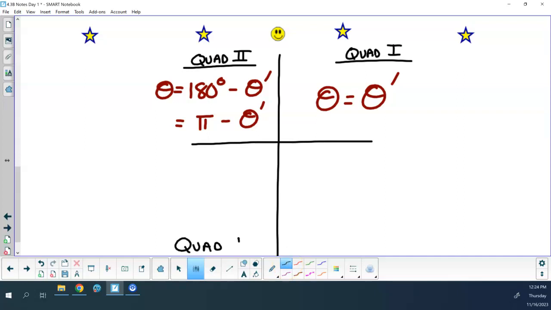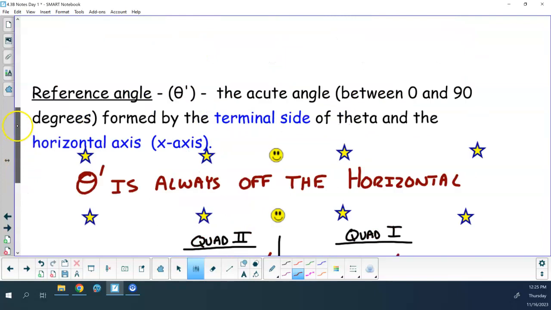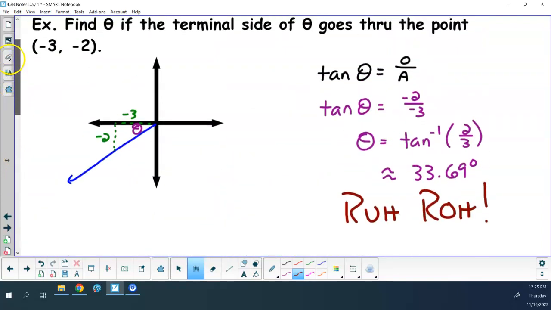Quadrant 3 is down here. So now my theta is going to be 180 degrees plus my reference angle, or pi plus my reference angle. We just did that one that was in quadrant 3.